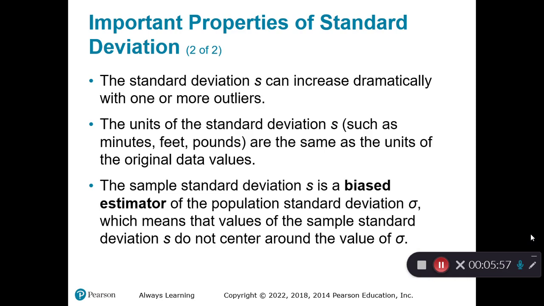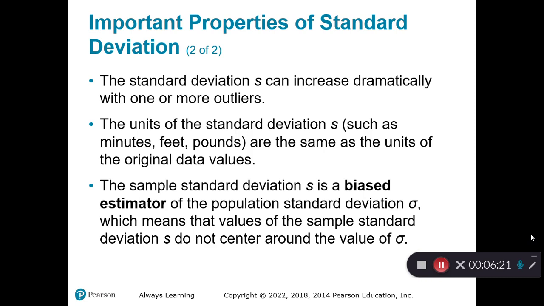We talked earlier that the mean is easily influenced by either very small or very large values, those that kind of stand out from the rest of the pack. So if the mean is not resistant, if the mean is easily affected by extreme values, it makes sense that standard deviation would have the same disadvantage because it is calculated from the mean after all.